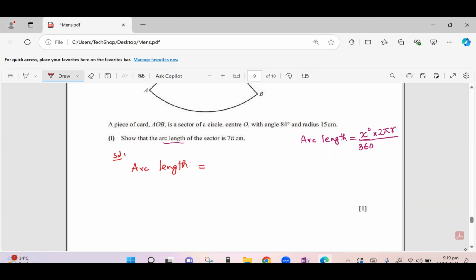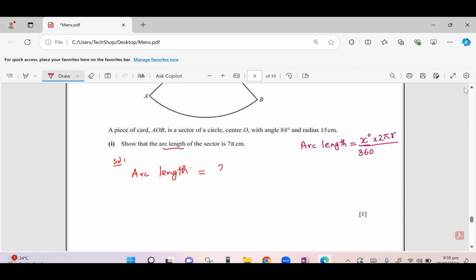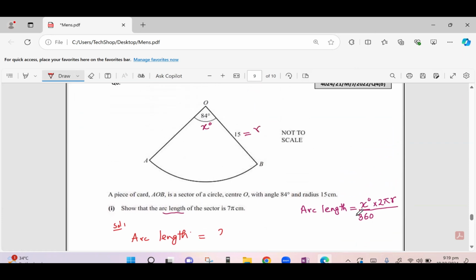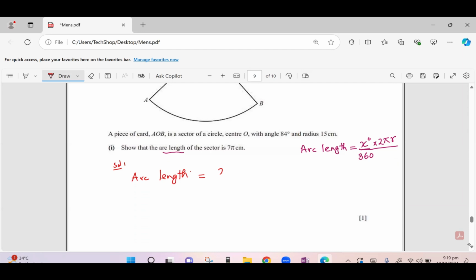Arc length is equal to x degrees, where x is the angle, which is 84. R is the radius, which is 15. So I'm going to write 84 times 2 times pi times 15, divided by 360.